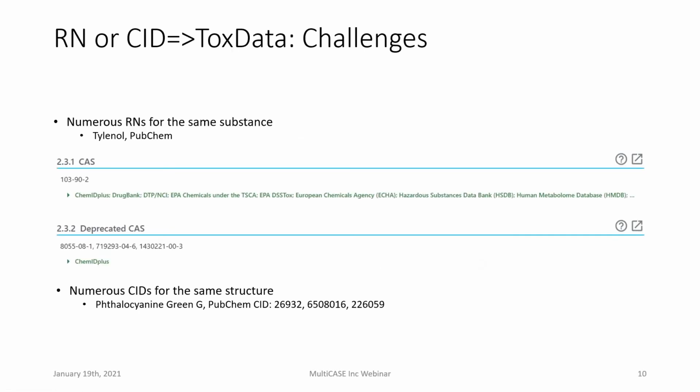So the challenges here, as I mentioned, multiple registry numbers. Here is an example for Tylenol. This is a screenshot from PubChem. One registry number which is actual, used by multiple sources here, and a few deprecated CAS numbers. And I've seen examples, for example, when the CAS number was provided with an extra 0 at the end.